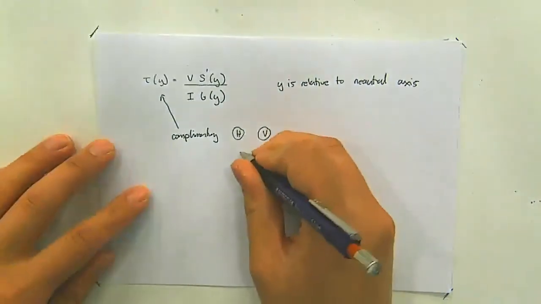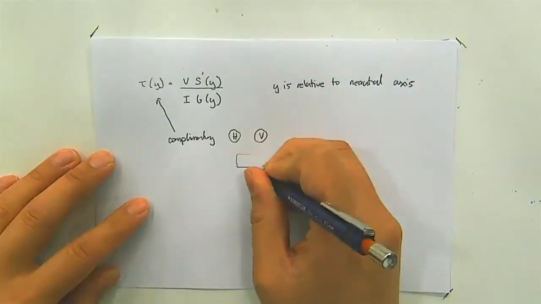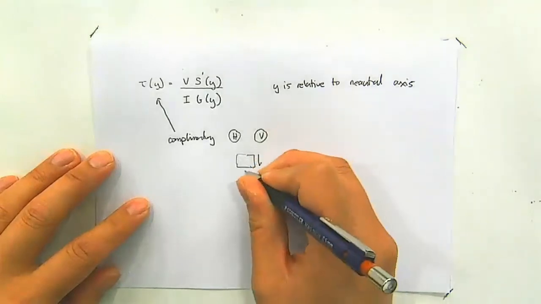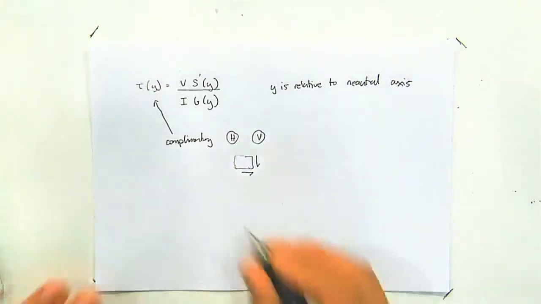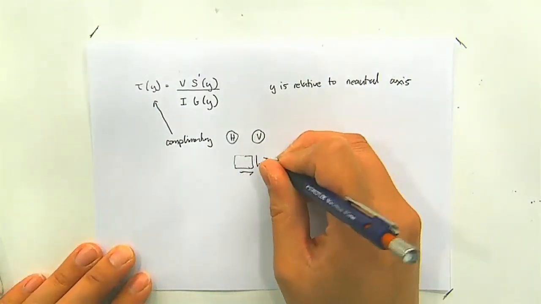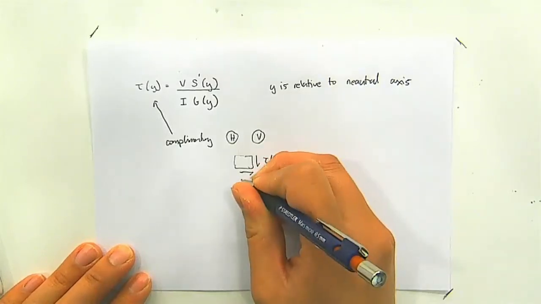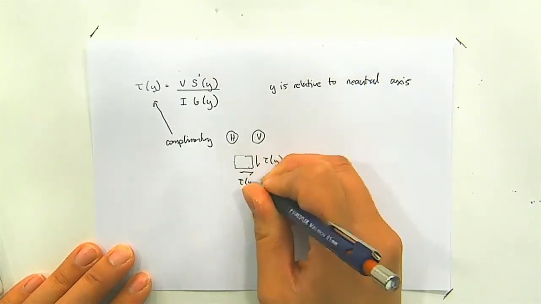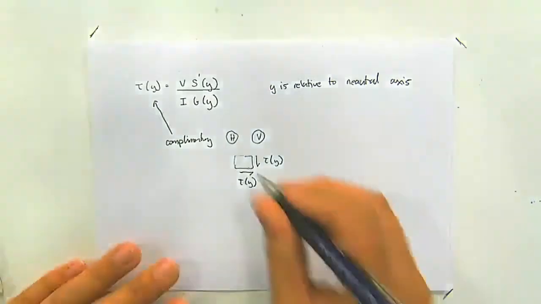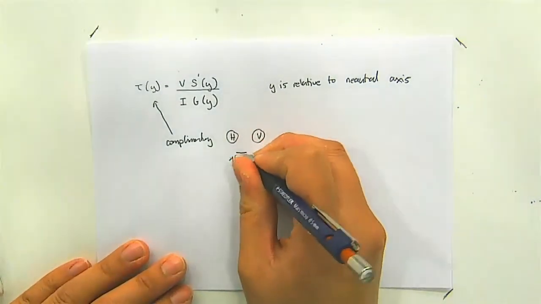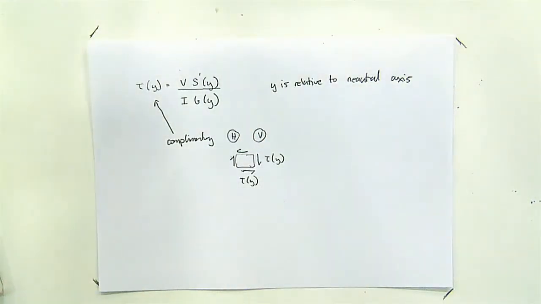If the vertical one is downwards, then you've got a horizontal component as well, and both of these are tau as a function of y. Is everyone happy with that? So we've got horizontal components of shear and vertical components of shear, and they're all complementary and they all come out of this equation here.